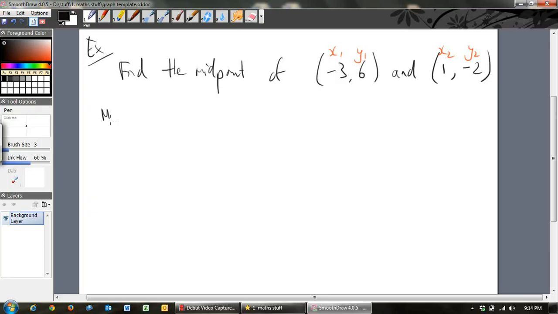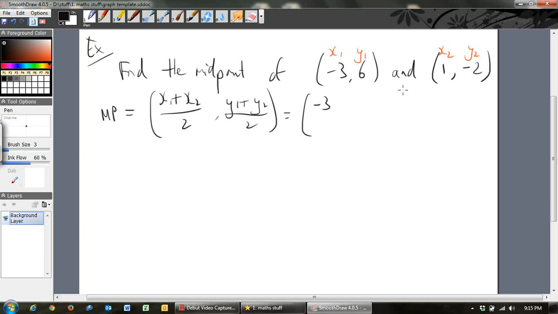So let's do it. Your midpoint will be equal to, I'll just write it out again, x1 plus x2 divided by 2, y1 plus y2 over 2 equals, right, so let's just add them up together. x1 is -3, x2 is 1, and you divide that all by 2. y1 is 6, y2 is -2 over 2.